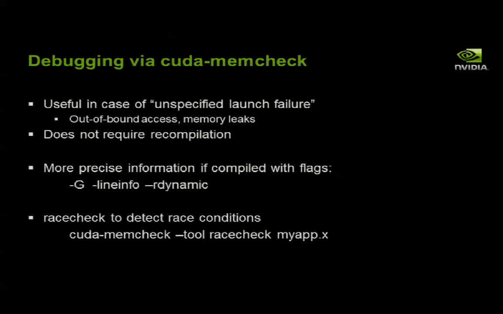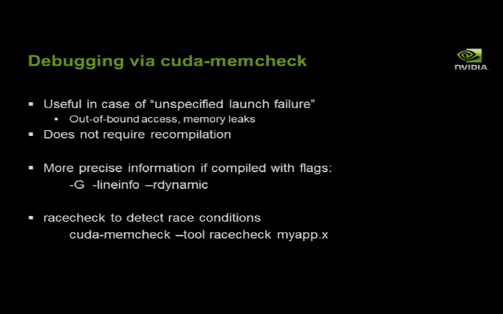Now, you don't really need recompilation. However, with recompilation, you can make CUDA MemCheck much more verbose, and so it might make it easier for you to pinpoint exactly where the problem occurs. In particular, there's the option -G for getting the debug symbols so that you actually have human-readable symbols.